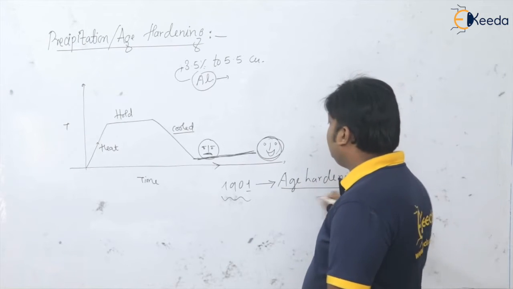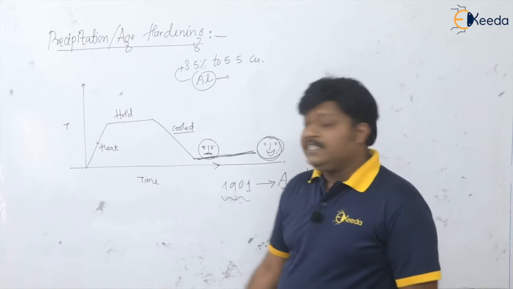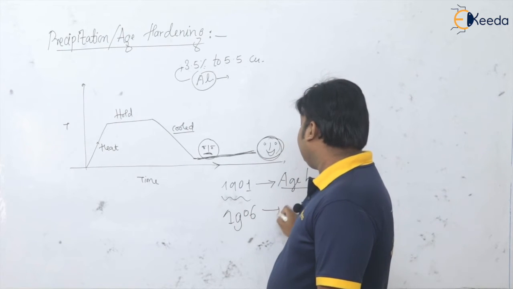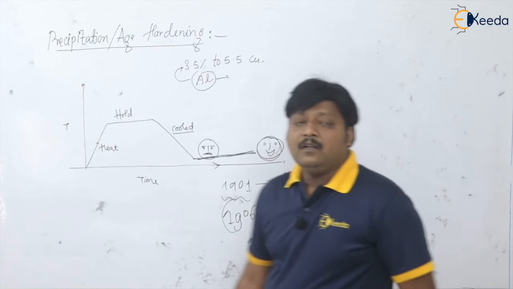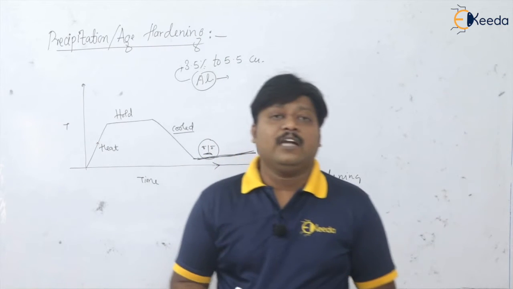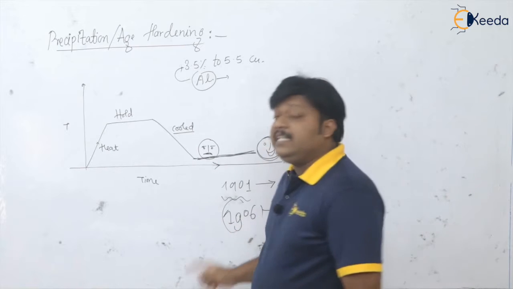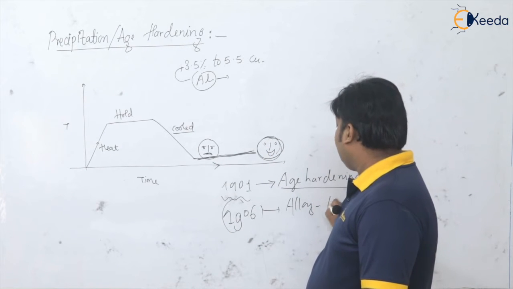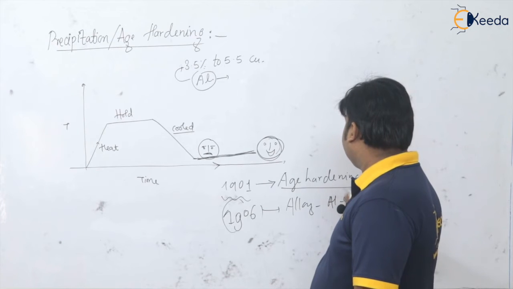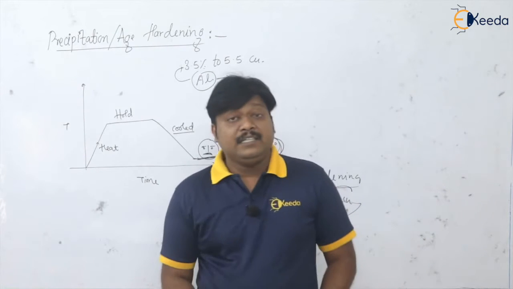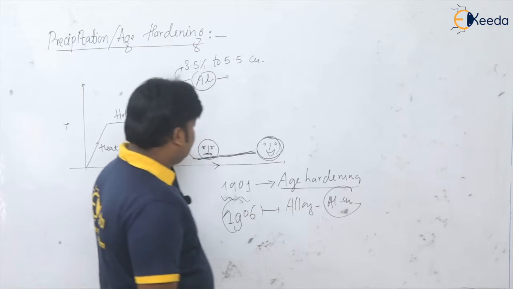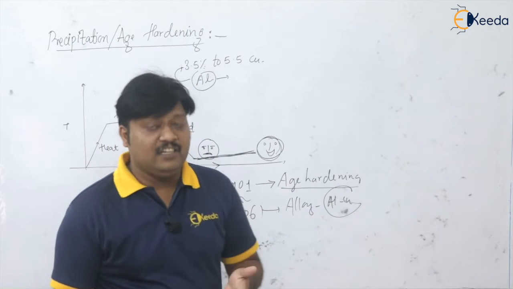The process name was age hardening, and he patented this process and phenomenon in 1906. In 1906 he patented this process in his name, not only the process, also this alloy. Which alloy? The aluminum copper alloy. He patented this alloy as well as this process, which is known as age hardening.